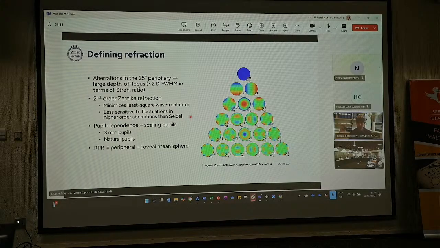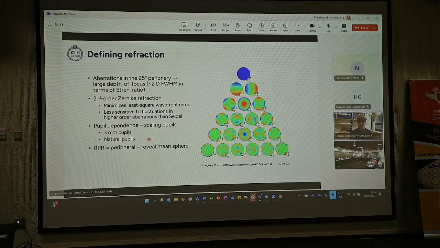When we have second order spherical refraction, we get pupil dependence. So you will get different results whether you use the natural pupil or a smaller pupil. For this reason, we did the analysis for natural pupils and for 3 millimeter diameter pupils.